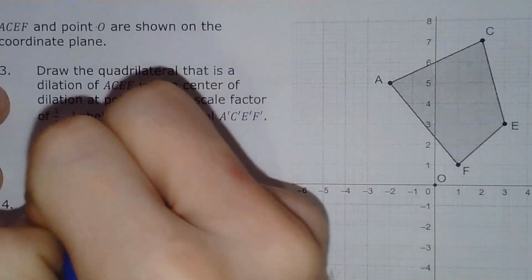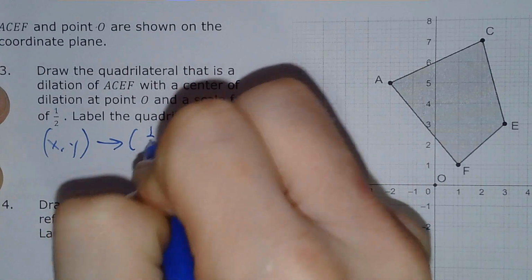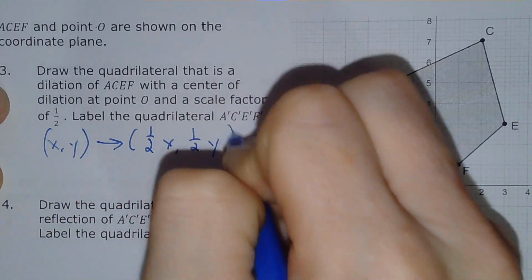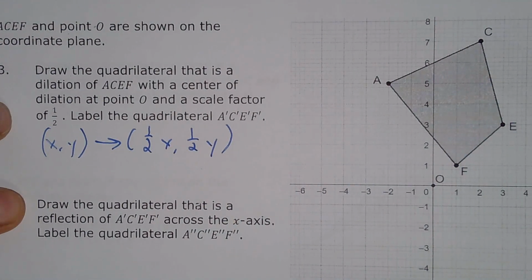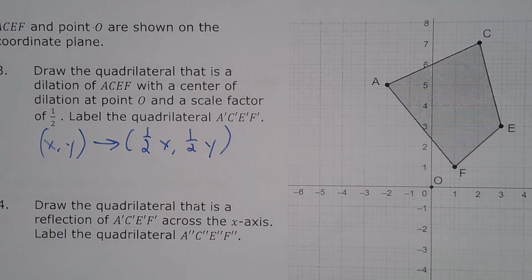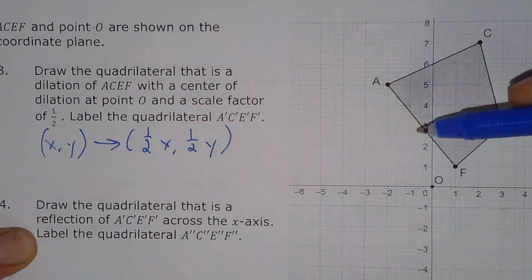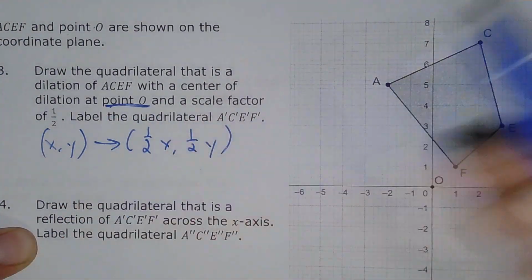So x comma y goes to 1/2 x, 1/2 y. That's my scale factor. And then I'm going to reflect it. So that means that every one of these points, its distance, and it's going to be at the origin. Point O is my point, my distance.